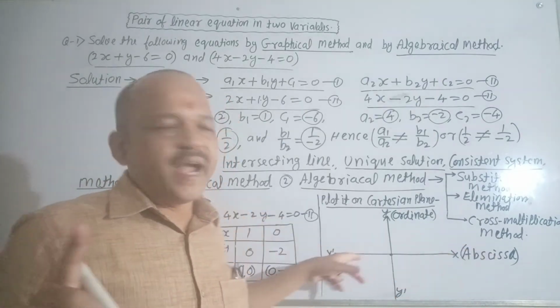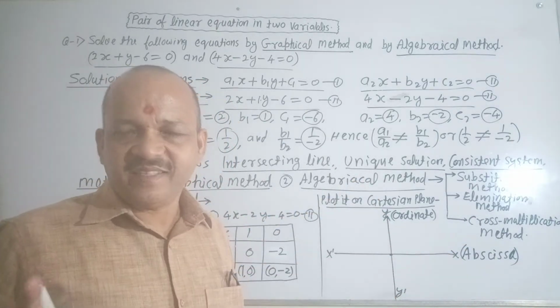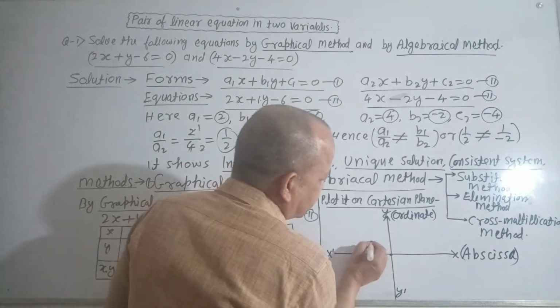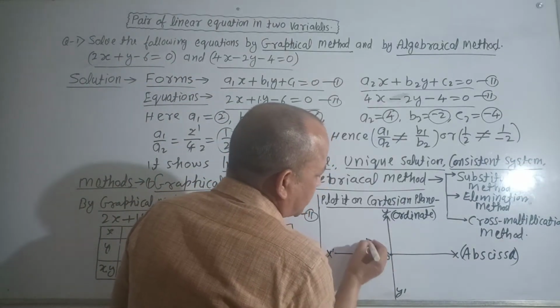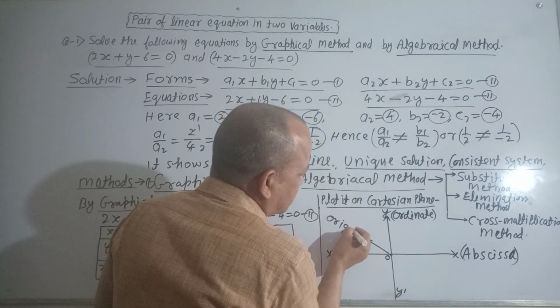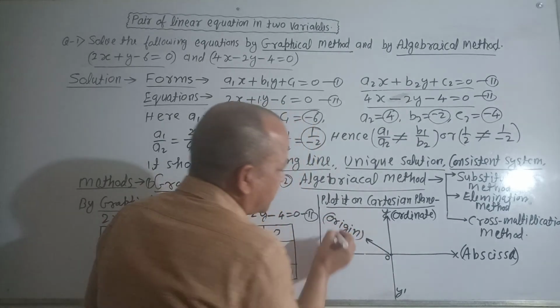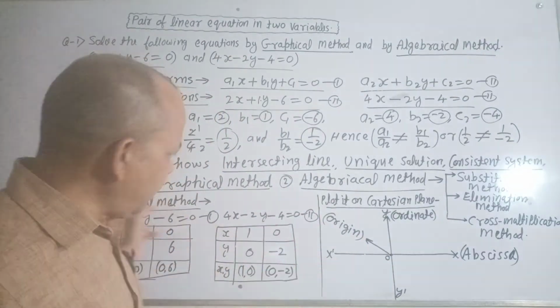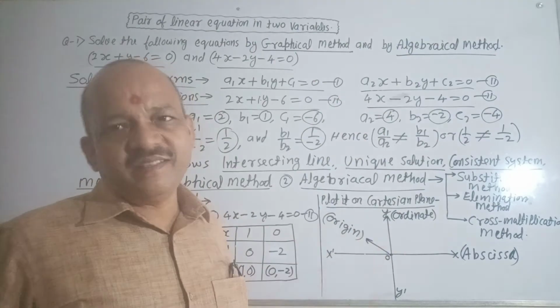The intersecting point of abscissa and ordinate is called the origin. It is the origin. Now plot all points on the Cartesian plane.